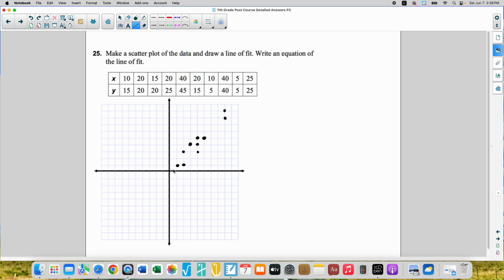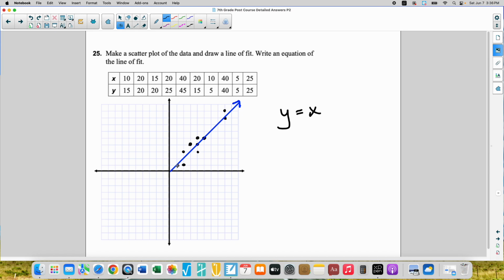Blue's good. So we're going to draw a line of fit, kind of like that. That looks pretty good. We're going to put arrows on it. And that kind of looks like a slope of 1. So that equation would be y equals x.